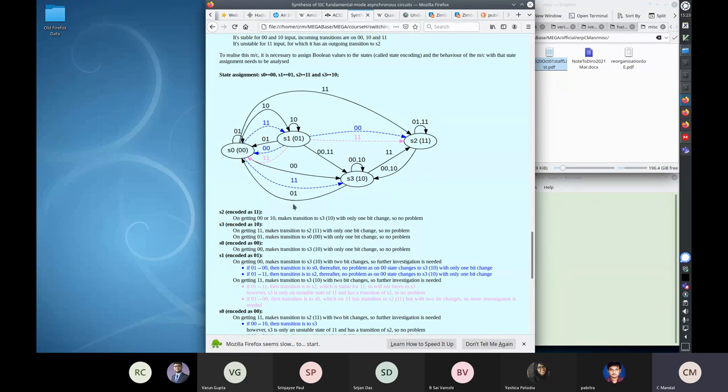Now let us look at the situation at S0. On getting 0 0 as the input, you make a transition to S3, which is fine, because again you have a single bit change.